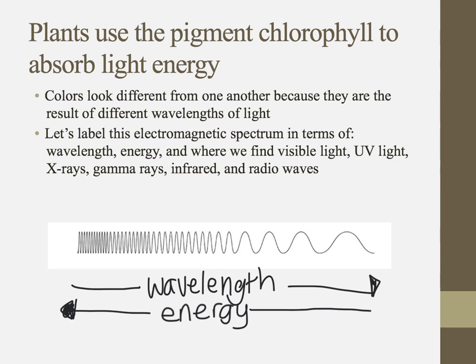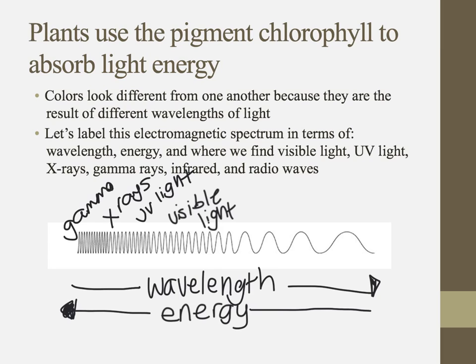All right, so visible light is somewhere in here. It's somewhere in the middle, and it's only going to represent a relatively small portion of wavelengths. As we go towards the smaller wavelength end, the next thing is going to be UV light, followed by X-rays and gamma rays.